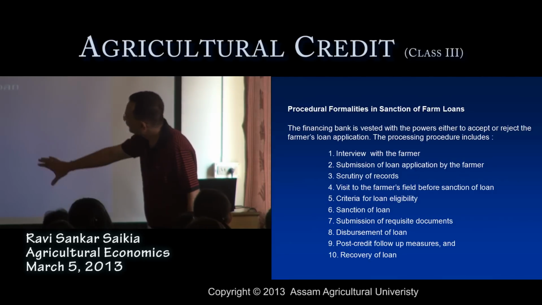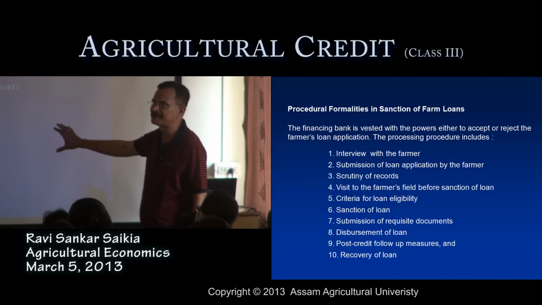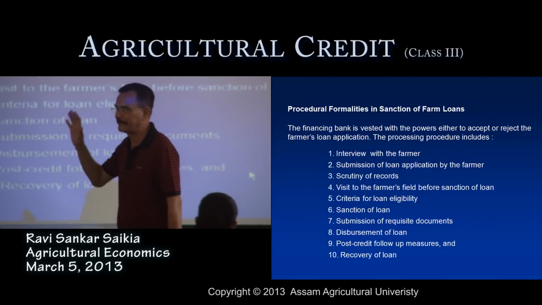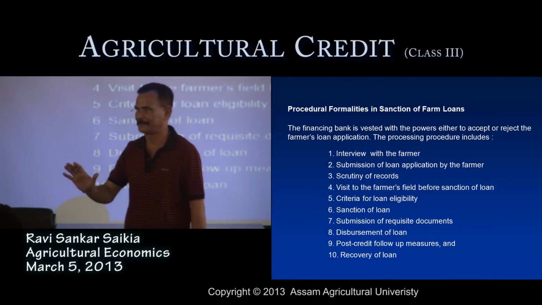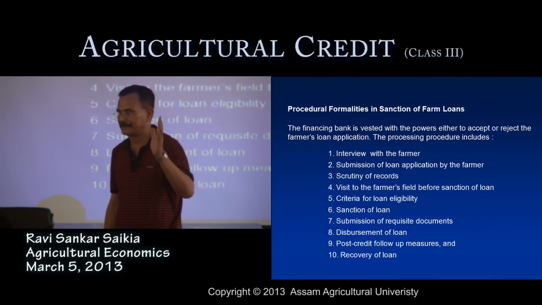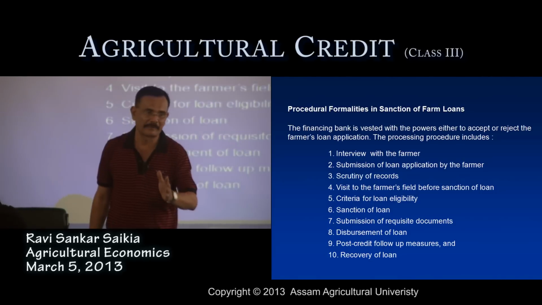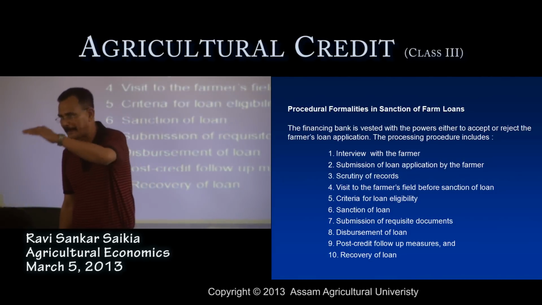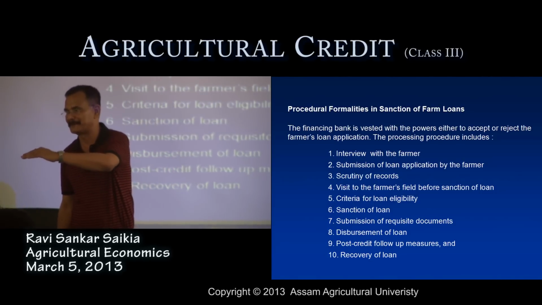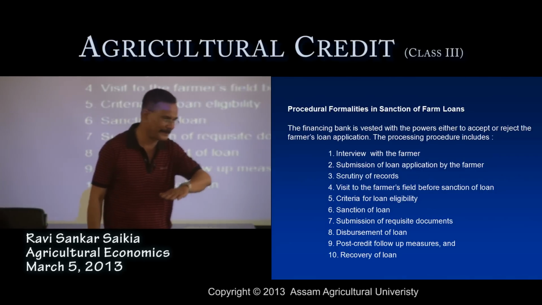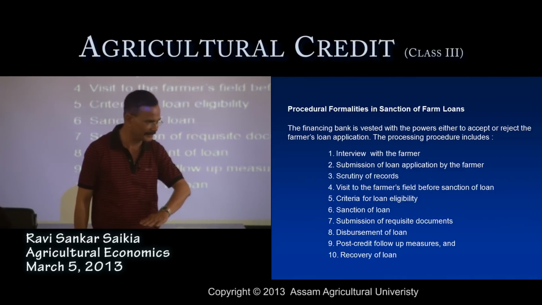These are the 10 steps generally followed by the bank officials for disbursement of credit to the farmers. Along with the 3 R's of credit, we may judge the creditworthiness of the farmer and the viability of the enterprise through the five C's of credit: character, capital, capacity, common sense, is it not?